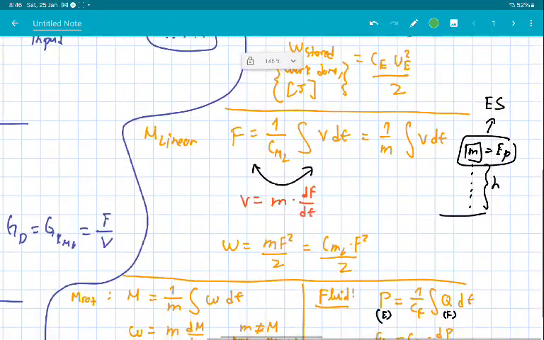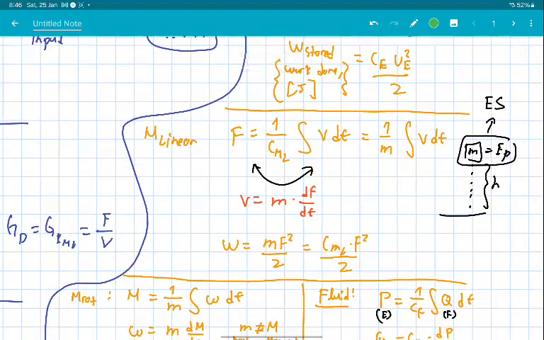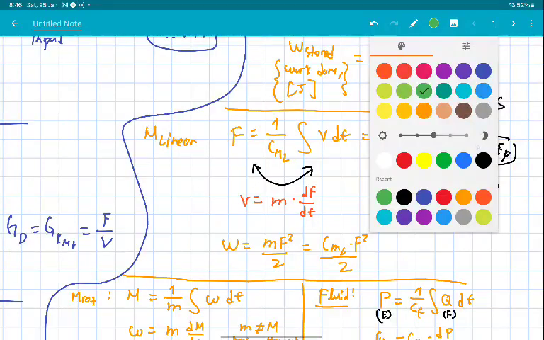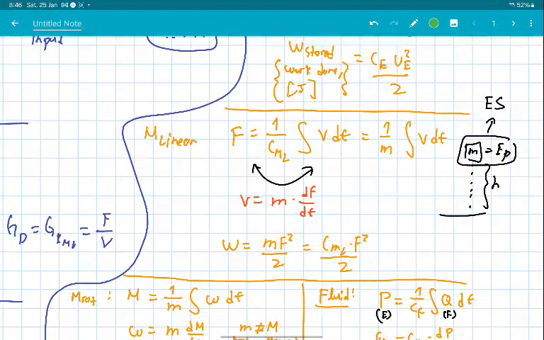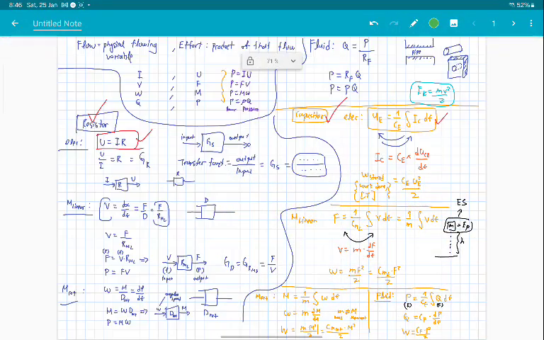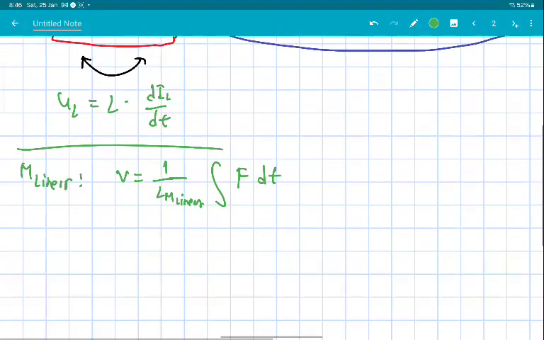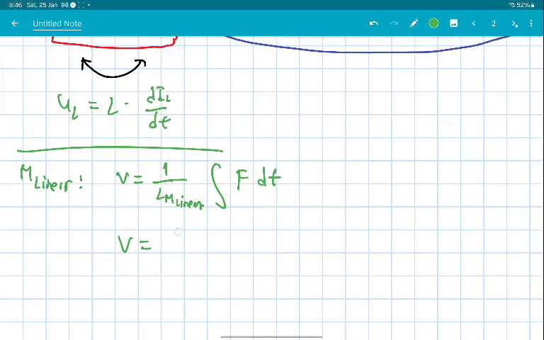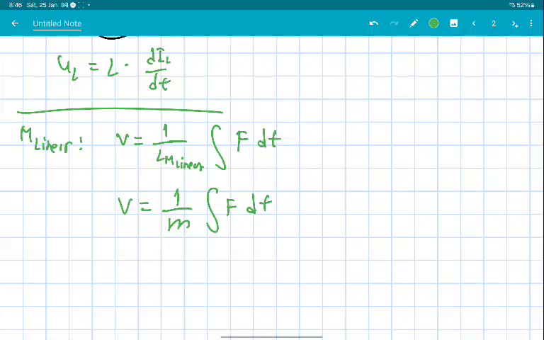In the beginning, I said that your capacitance is mass, but actually your capacitance is actually a spring. Let's just ignore that for now. So basically in here, we will also write this as V is equal to 1 over M integration of F dt. So it's always like this.